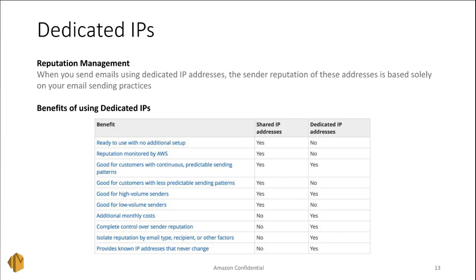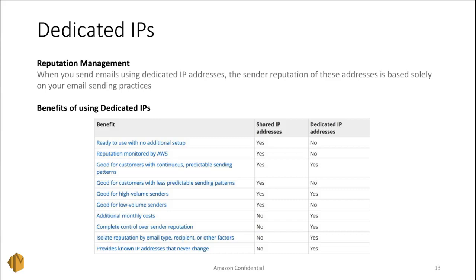If you are sending continuous email, then both shared IPs and dedicated IPs are helpful, because each dedicated IP will come with a certain sending volume and certain throughput. You need to anticipate your volume, and then you need to pre-allocate those IPs. If your volume is unpredictable, then we recommend you use shared IPs.